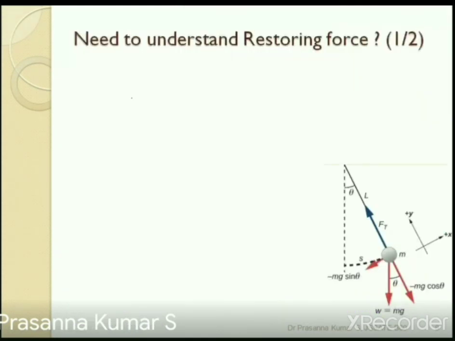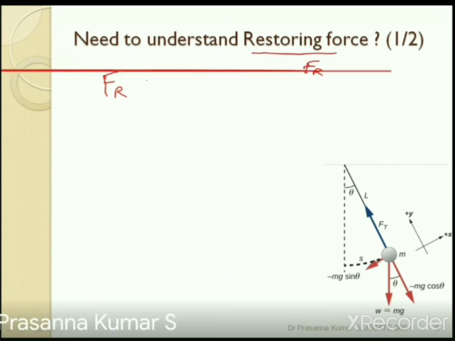Fr is proportional to minus x. Fr is equal to minus kx. They are opposite, this is the vector, they are opposite in nature.